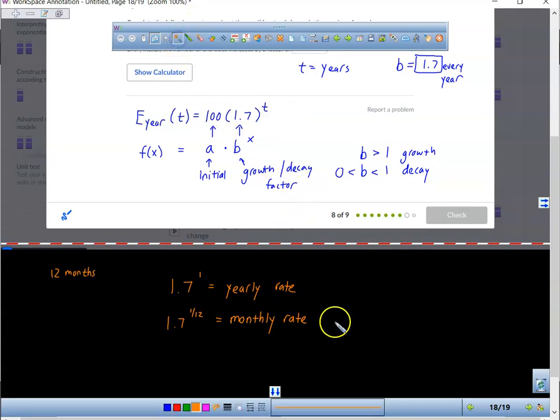What is our approximate value as a decimal? 1.045. That's what we call our monthly rate. And 1.7 was our yearly rate.